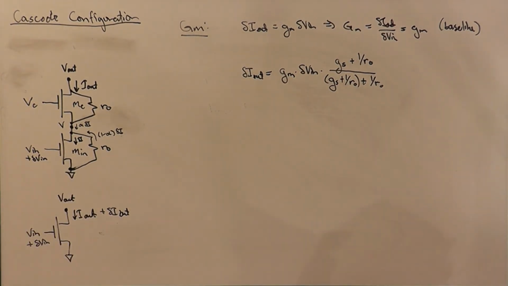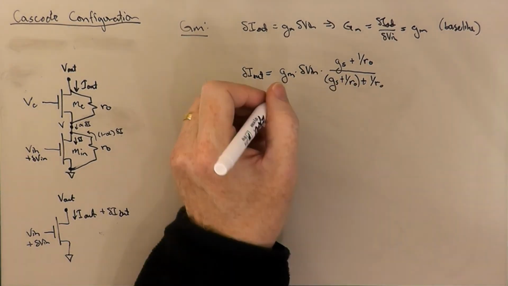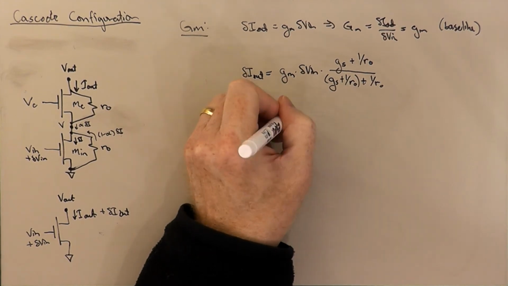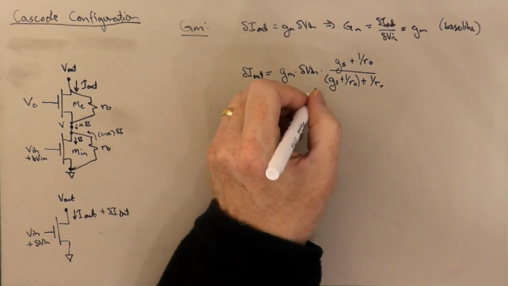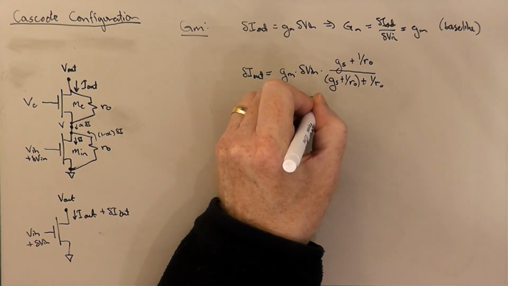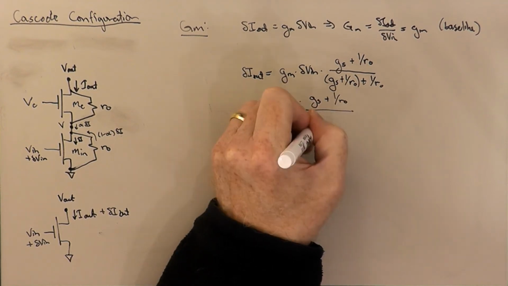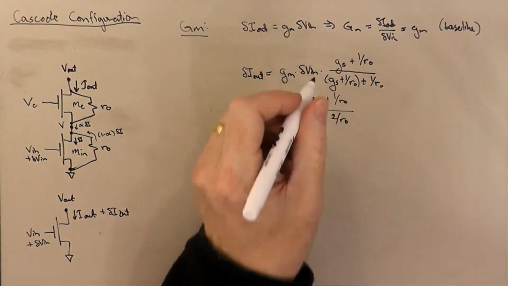All right, so that's the branch conductance of the second branch here. And so we can simplify this if we like. We can recognize that there's two 1 over ROs here. So this is equal to gm times (gs plus 1 over RO) divided by (gs plus 2 over RO).